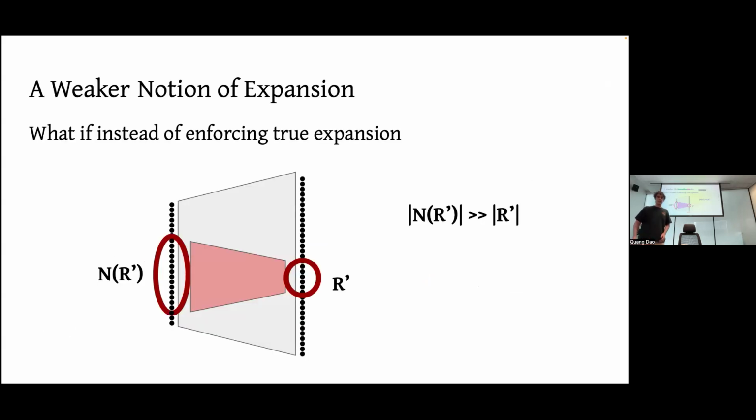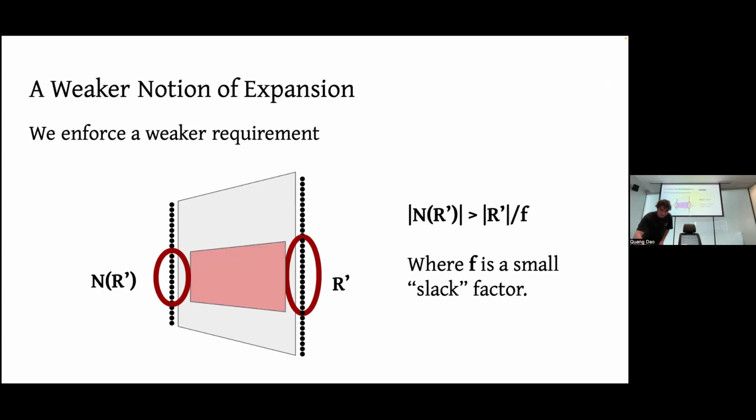Let's say that instead of enforcing true expansion, as per our gamma k type definition, we instead enforce a weaker notion. Here we want to say that for any small enough subset R prime of the right vertices, their neighborhood won't be too compressing. In particular, the neighborhood size can only decrease by a factor of f, where f is some small slack factor.